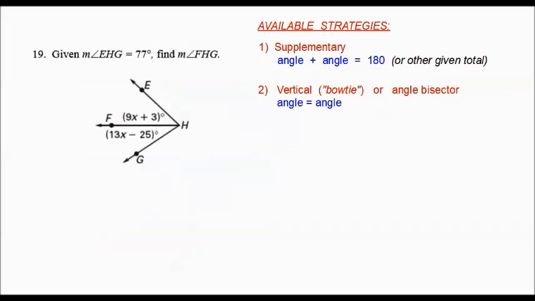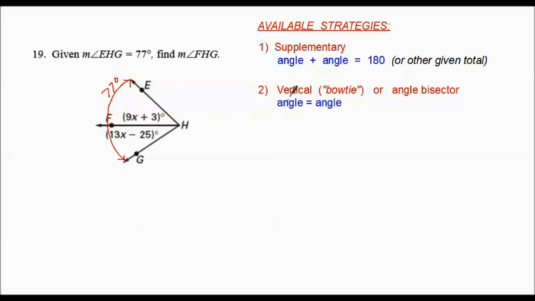The next problem, it says, given angle EHG is equal to 77 degrees, so let's use our highlighter to find EHG. Okay, so they're saying that the entire angle from one side to the other, the total, is 77 degrees.